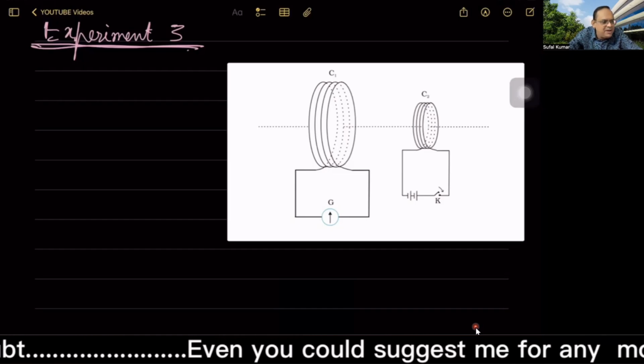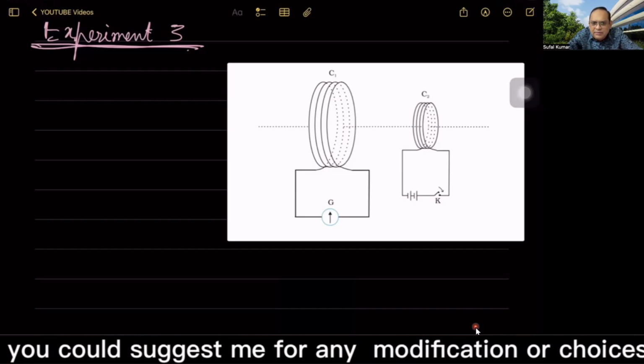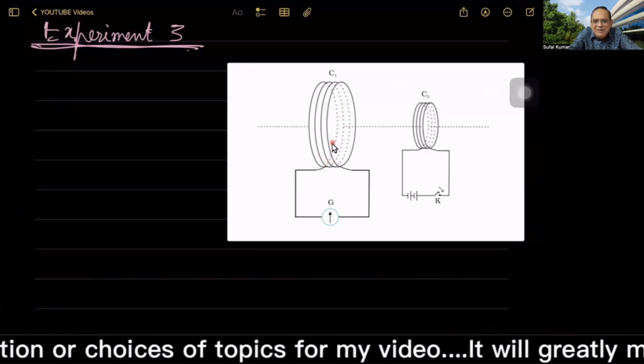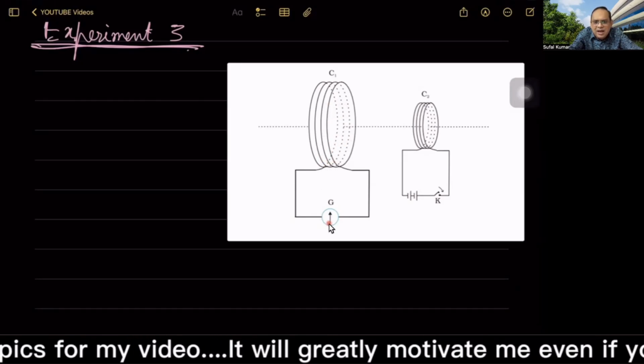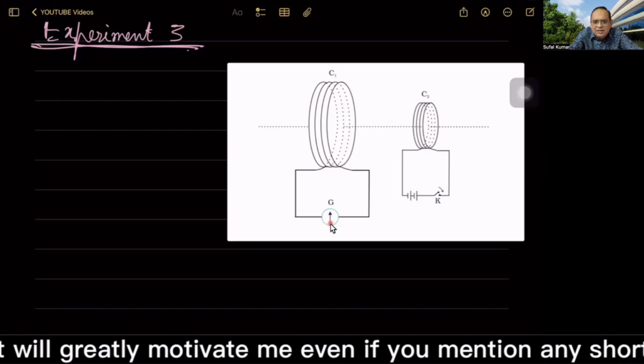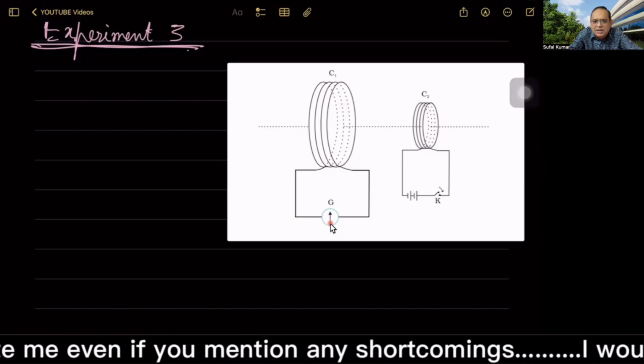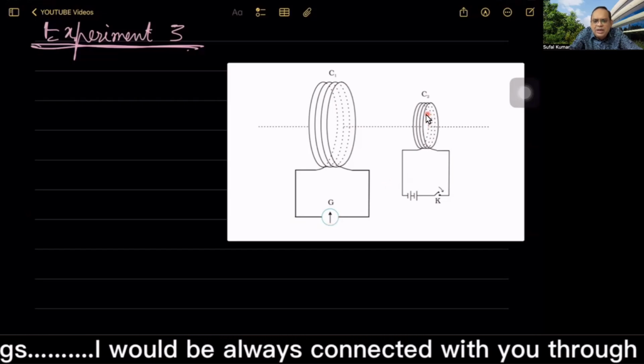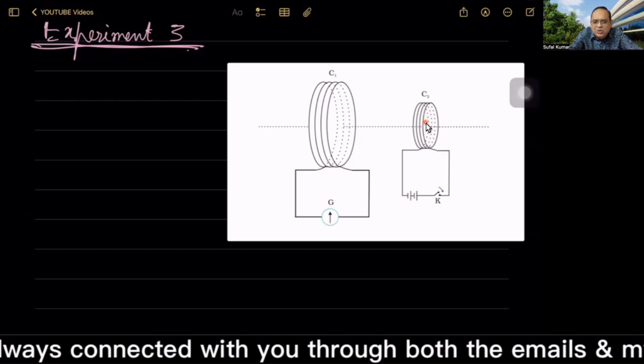For experiment number 3, we again have coil C1, like in previous cases, with a galvanometer connected, and in the nearby surrounding is coil C2.